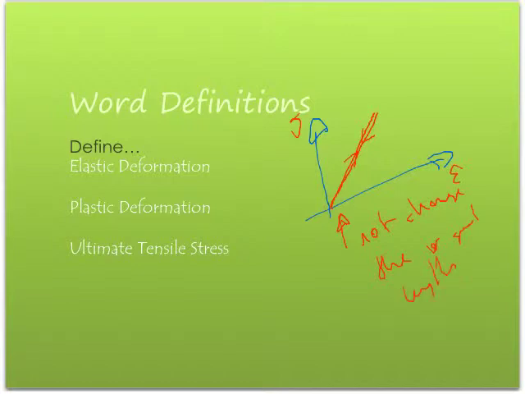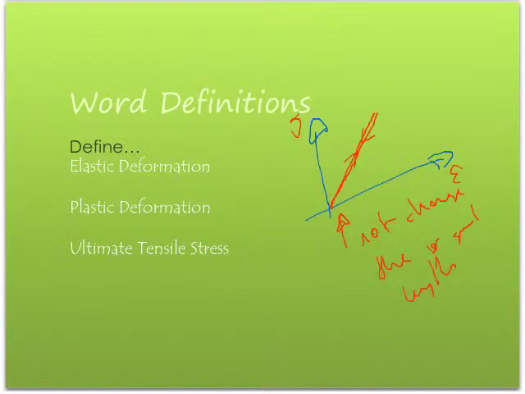So you could define it as deformation where the original length of the sample will remain unchanged, or once the thing has been deformed it will return back to its original length.